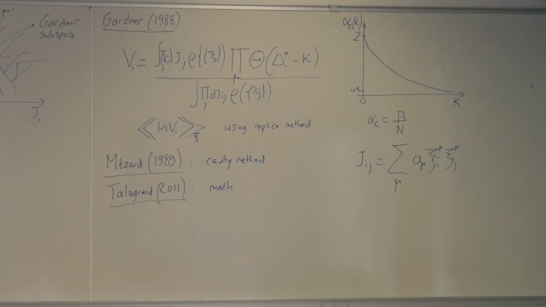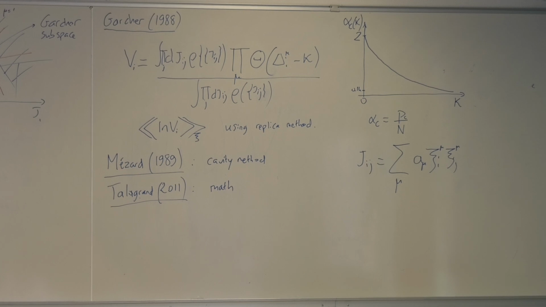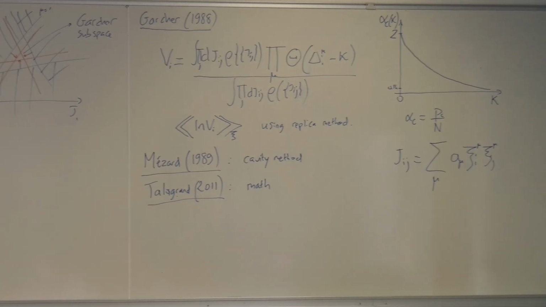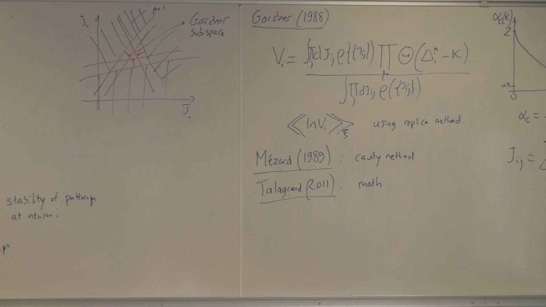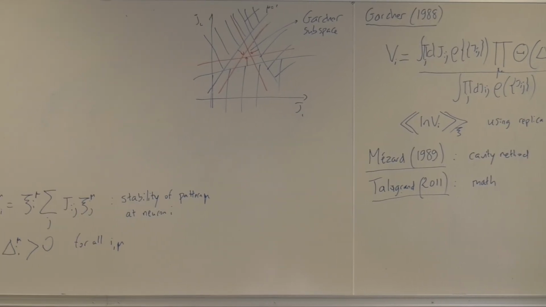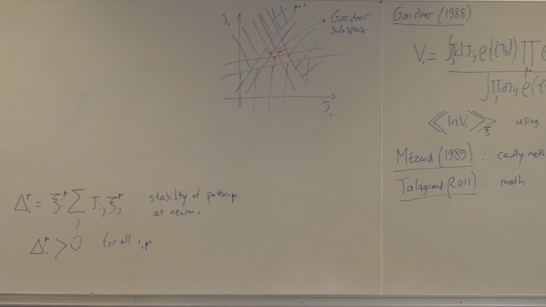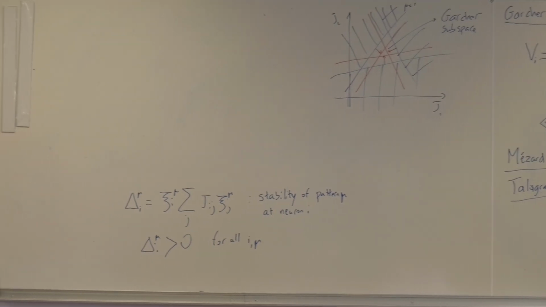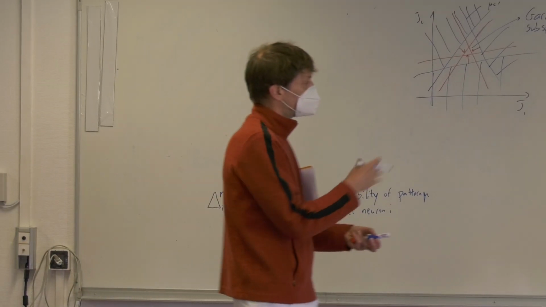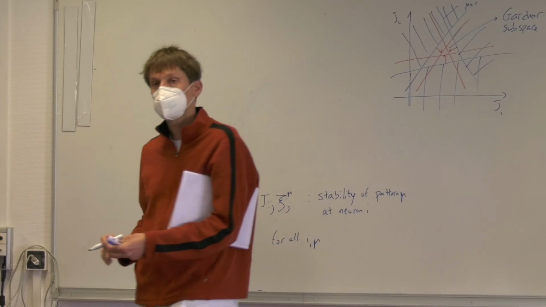Maybe some patterns are easy to learn, and so you can even set A mu equal to 0, but others you need a large A mu to store them. And we'll see, in the cavity method, we'll get some intuition about where that comes from.